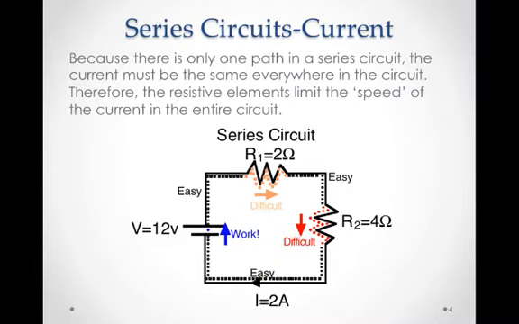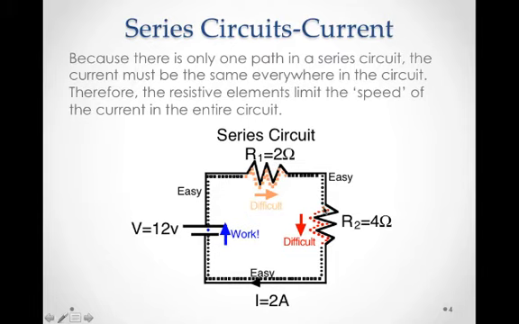Let's start by looking at the current in a series circuit. Coming down to our circuit right here, we know that the battery does work to separate the charge and create a potential difference and a voltage, and that voltage is what drives the current around the circuit. In our conductors, the current flows easily, but in the resistance, where the material is stickier for the electrons and holds on to the electrons a little bit harder, it actually creates an impedance, or slows down the current flow.